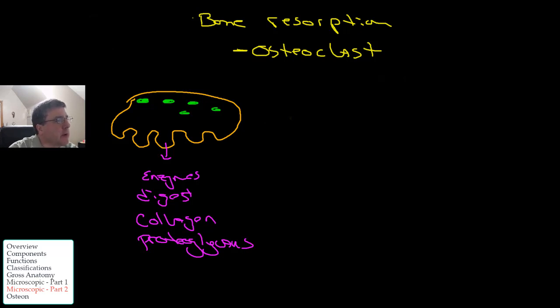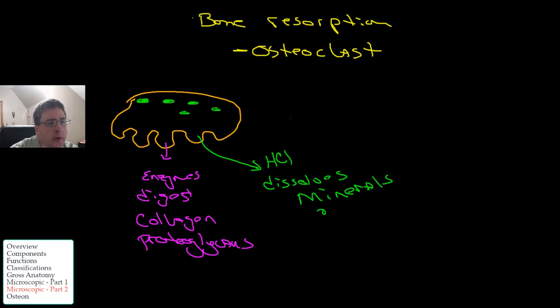But now we also have to get rid of the inorganic or the mineral component. So we also have to secrete something here, which is the hydrochloric acid, which dissolves the minerals, which is calcium and phosphate.